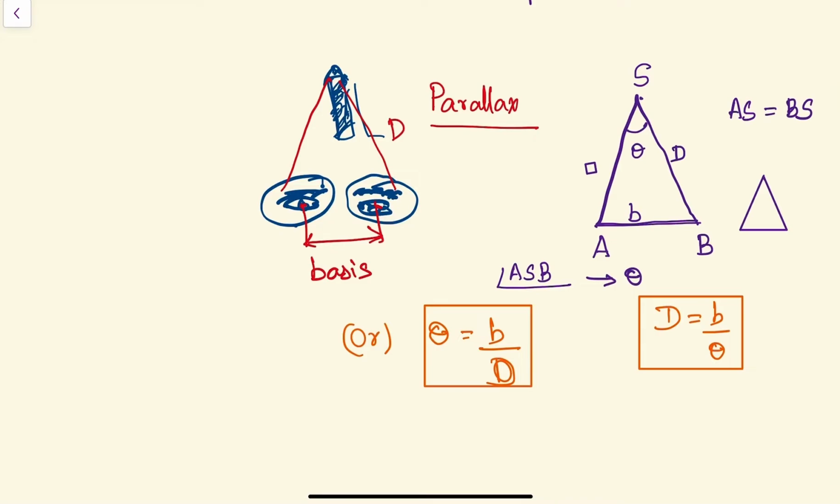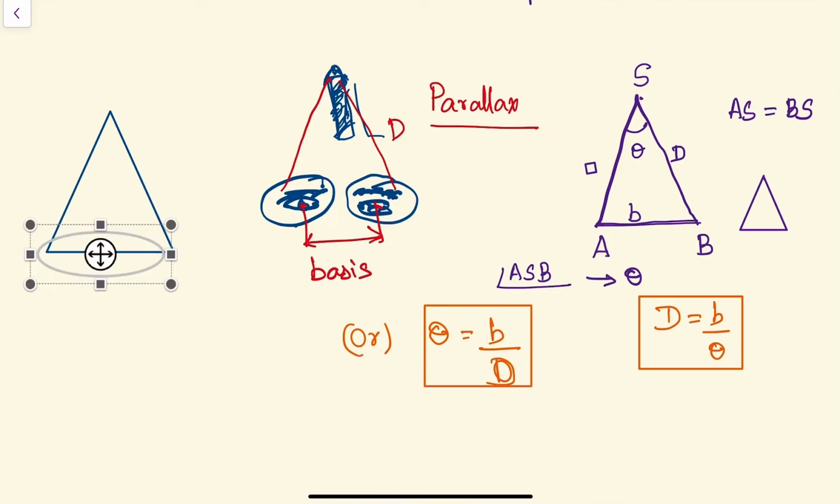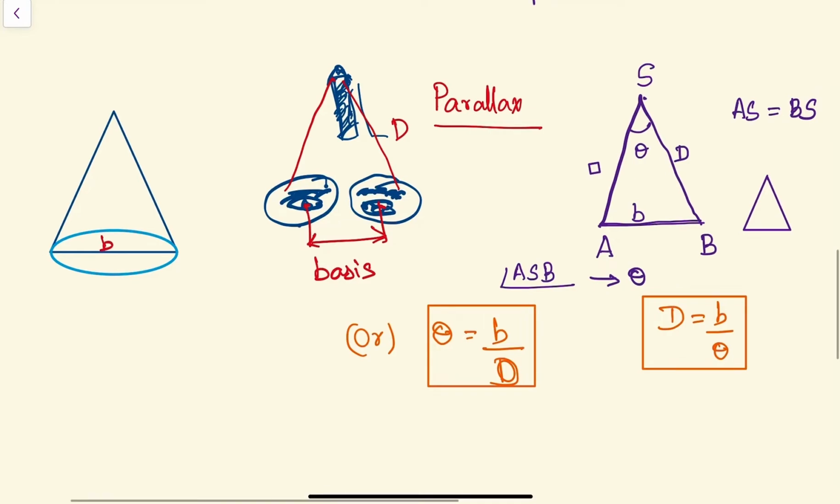Suppose this is the earth. This is the earth diameter, let us say B. This is the line combining diametrically opposite points.